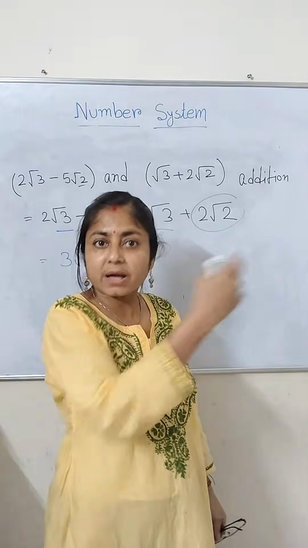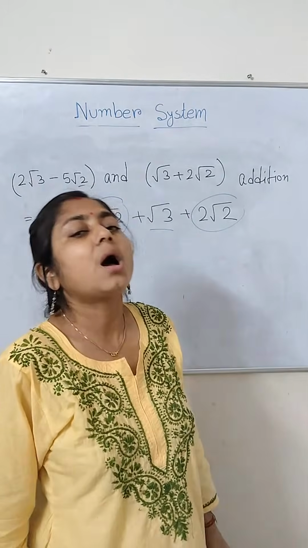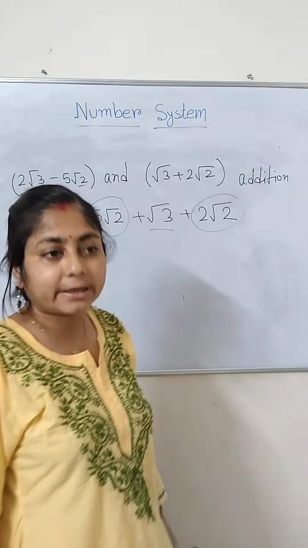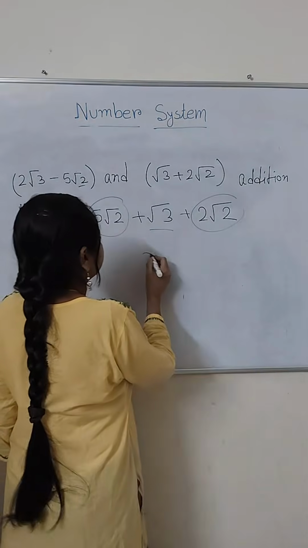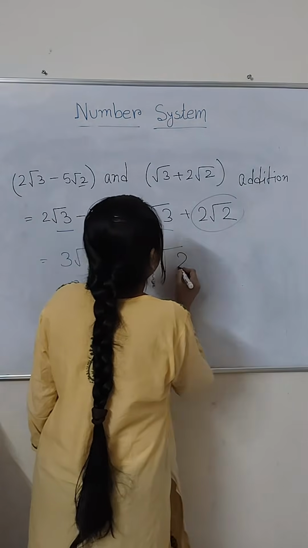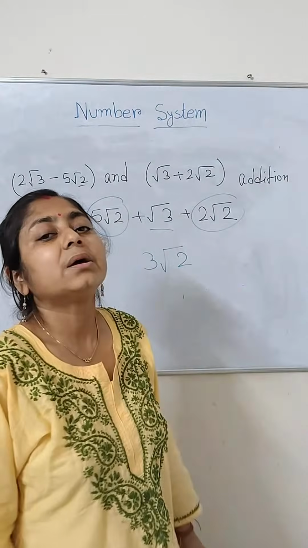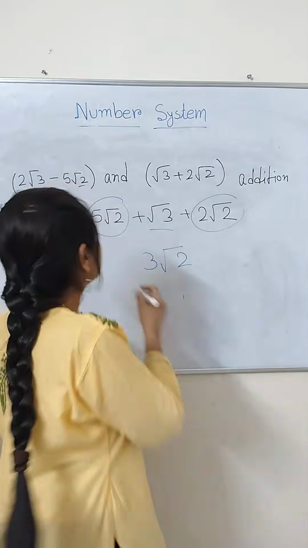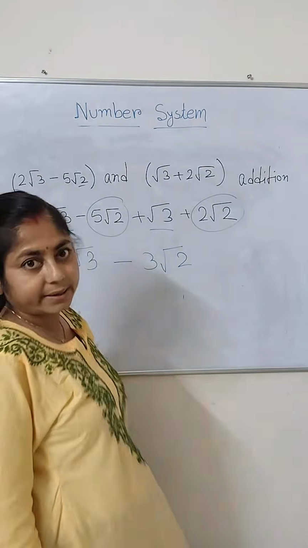So minus plus, what's the formula? Minus plus minus. So 5 minus 2, what's the result? It is 3. 3 root 2. And what's the sign? Before which is the bigger one, you use that sign. So I use minus sign.